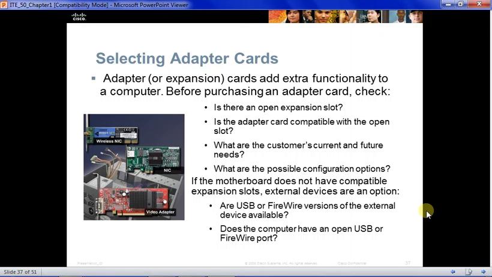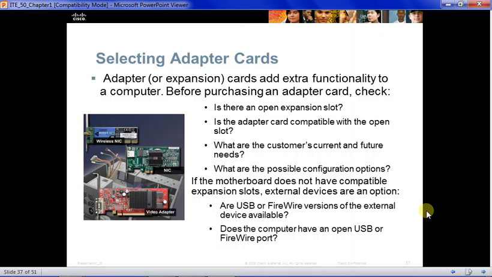And we have different types of cards and we have different types of slots. Computers can vary by the number of expansion slots and the types that they have. So it could be a PCI slot, it could be a PCI Express slot. We might want to upgrade with a wireless NIC card or a NIC card or a video adapter card.